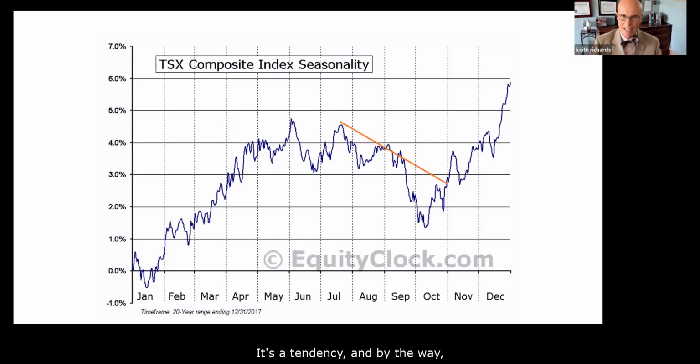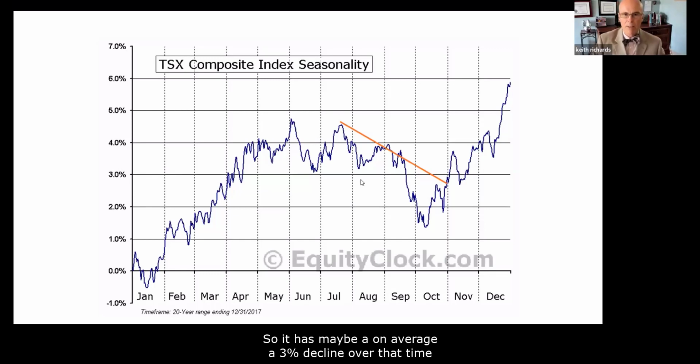It's a tendency. And by the way, seasonality charts are performance charts. They're not price charts. So if you see on the left-hand side of the scale here, it's percentage. So what this is telling you is that on average between about mid-July and about very early October, the TSX goes from here, which is about 4.5, down to, let's call this 1.5.